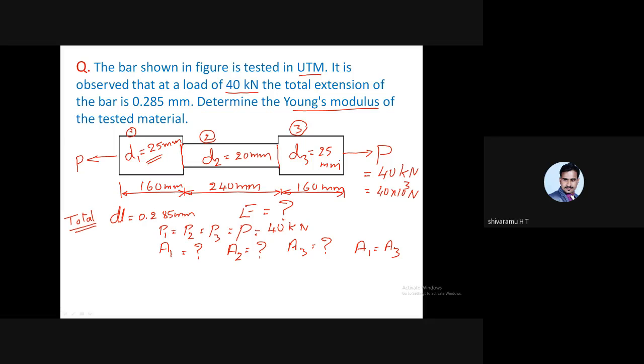So we know the total deformation dl will be equal to the deformation of the three sections. The summation of the deformation, or extension, of the three sections gives the total deformation.